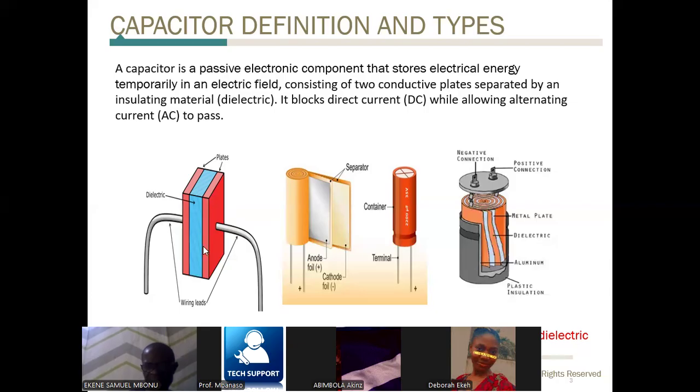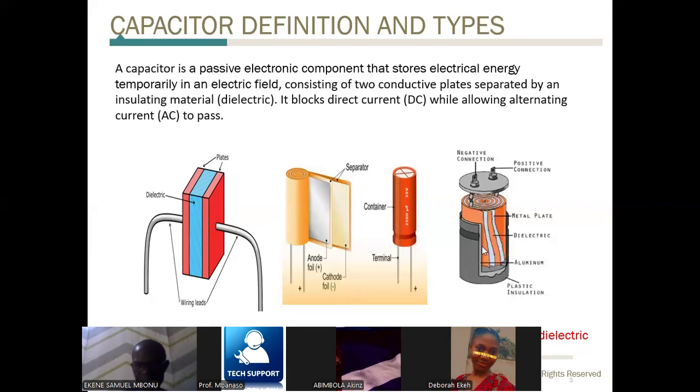The dielectric stores energy. This is the normal capacitor we see, common everywhere. You can see that we have anode, cathode, and then this is the packaging.